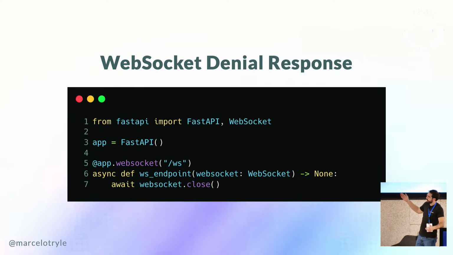What happens here is that the underneath, Uvicorn, will send back a 403 because you actually didn't have an acceptance of the WebSocket. So you closed before actually accepting it. Since you didn't have the acceptance, you cannot send a close frame, which is what it's trying to do. That doesn't happen. So it sends a 403.